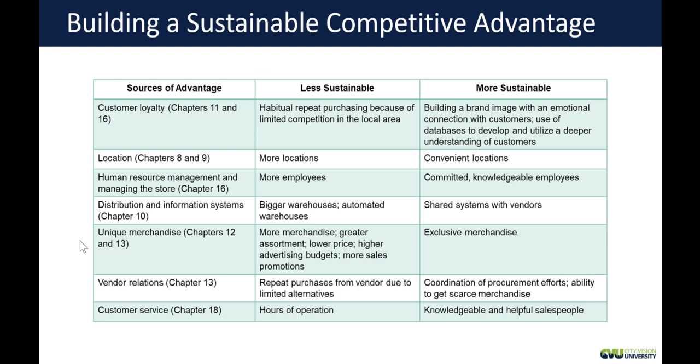When we start looking at some sources of advantage, there are some that are less sustainable and some that are more sustainable. Less sustainable is more locations. More locations isn't the greatest, because your competitors can put in more locations. More sustainable are convenient locations that are harder to get to.